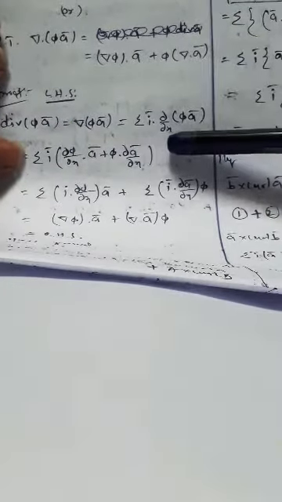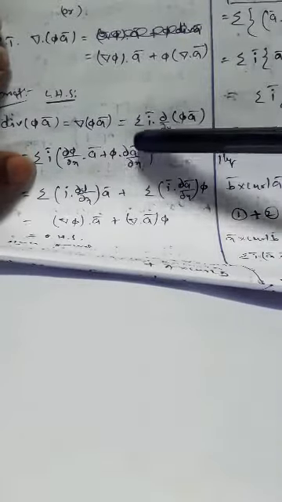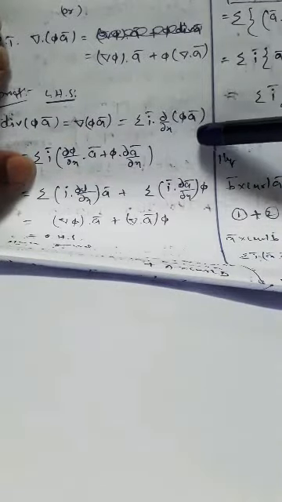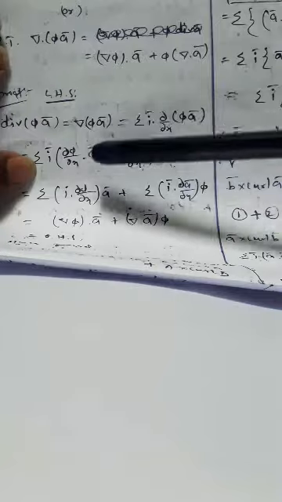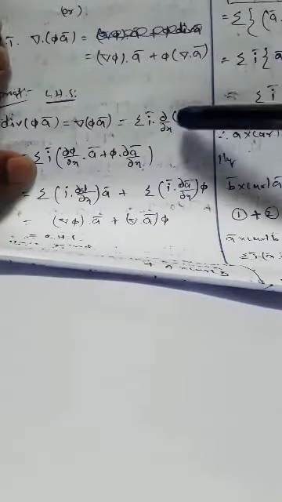In summation form, summation i dou by dou x of phi A, where dou by dou x of phi A is dou phi by dou x dot A plus phi dot dou A by dou x.